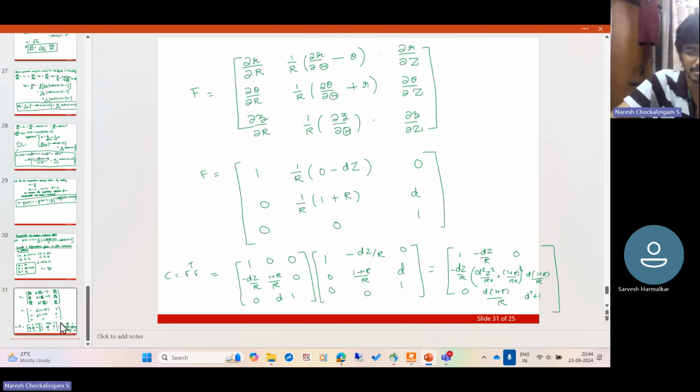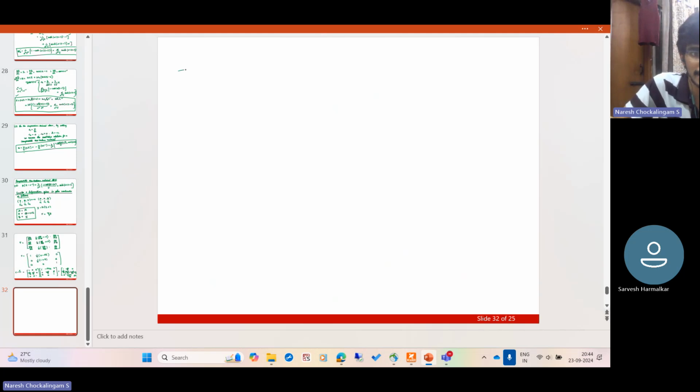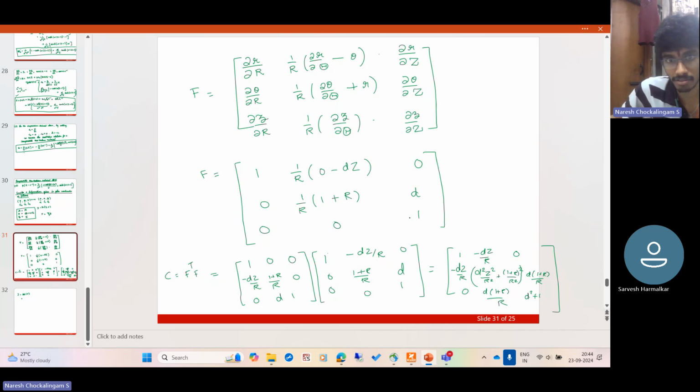Now, is the deformation isochoric? So let us say J is equal to the determinant of F. What is the determinant of F? We can expand about the last row.